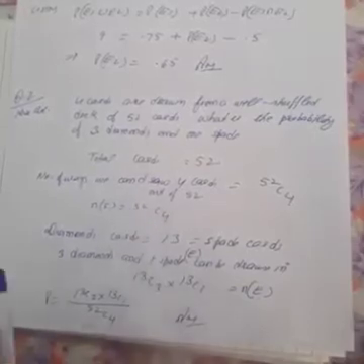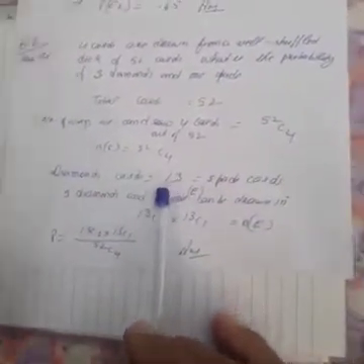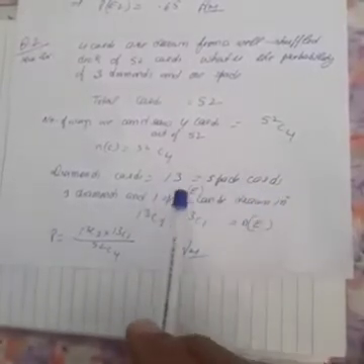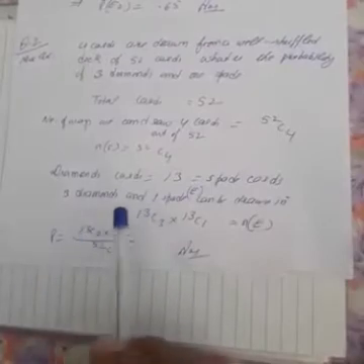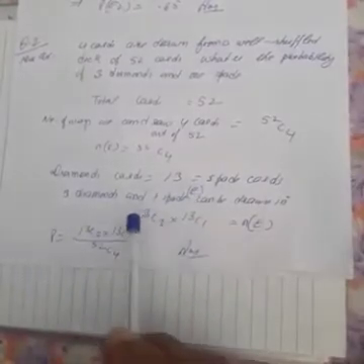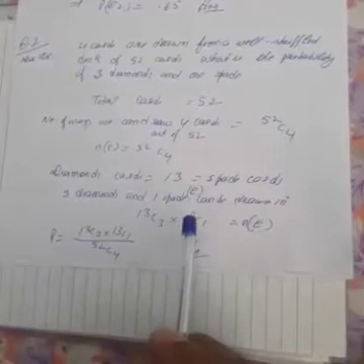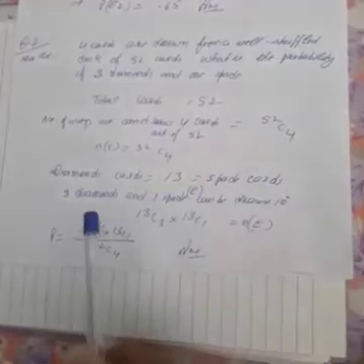So these are the total possible outcomes. Now diamond cards are 13, spade cards are also 13. So 3 diamond cards out of 13 and 1 spade card out of 13 can be drawn.